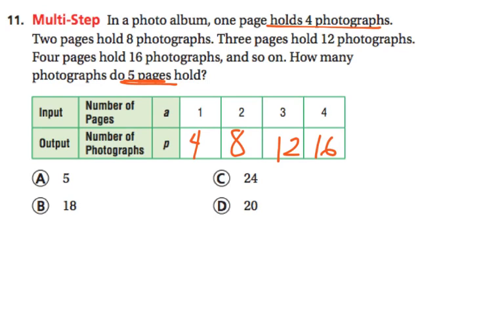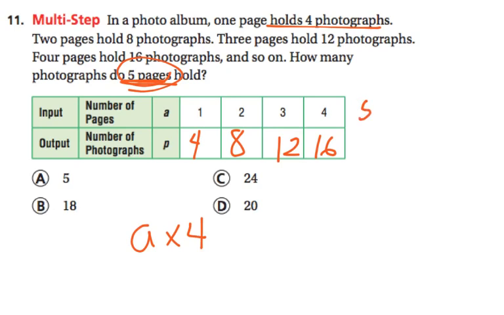Well, this looks like a problem that we did earlier, and I can tell that to get from 1 to 4, I could either add or I could multiply. But looking at 4, 8, 12, 16, I realize those are multiples of 4, so my rule is A times 4. But look at what they're asking me. How many photographs will 5 pages hold?